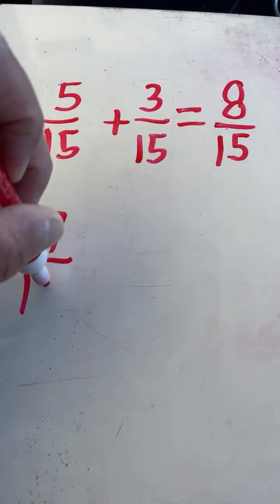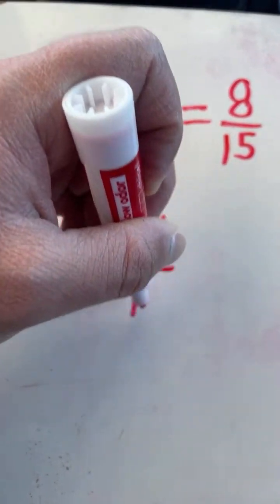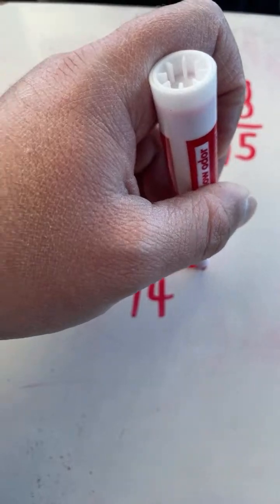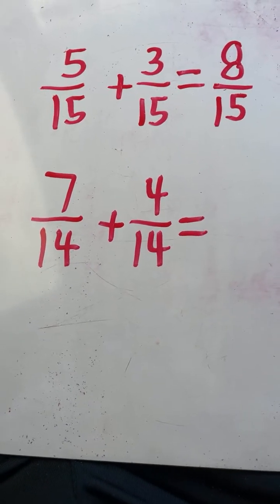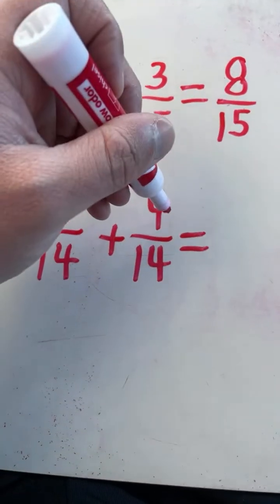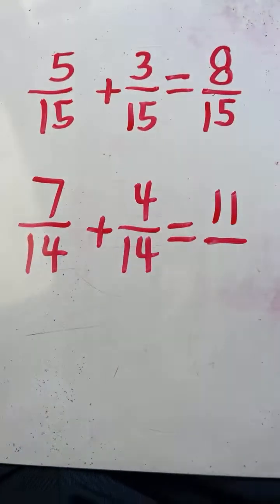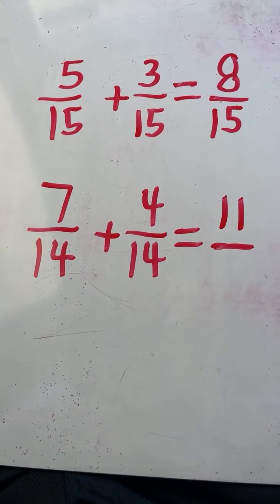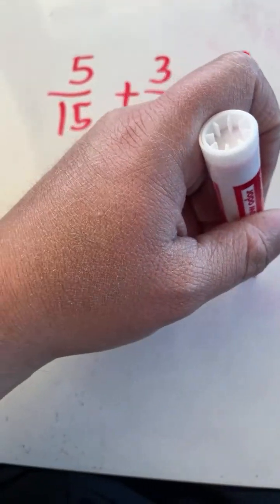All right, 7/14 plus 4/14. Seven plus 4 equals 11. Our denominator is the same for both fractions, so it's going to be the same in our answer.